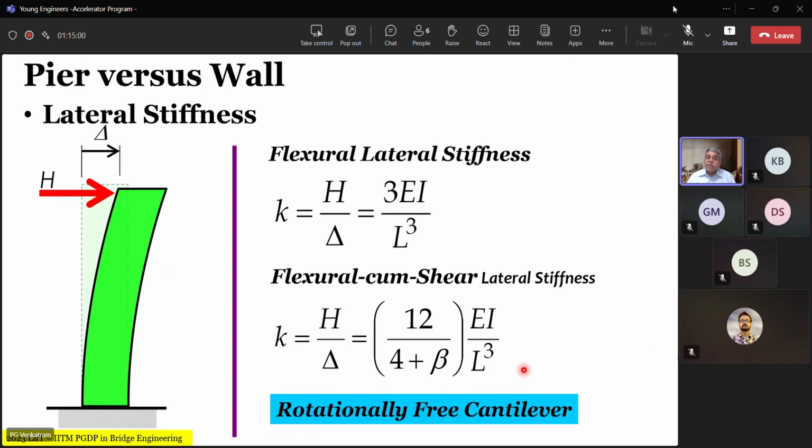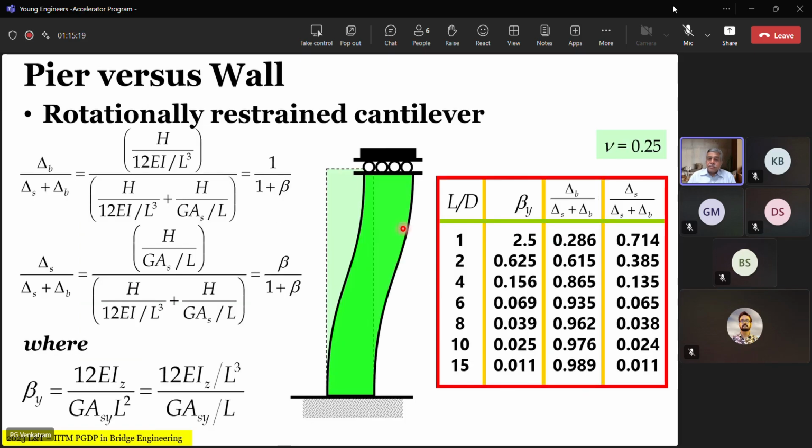Now, similarly, if you have a rotationally free cantilever, 3 EI by L cubed is the very well-known conventional lateral stiffness, but it becomes 12 by 4 plus beta EI by L cubed, and when the beta becomes 0, it becomes the conventional 3 EI by L cubed. Okay.